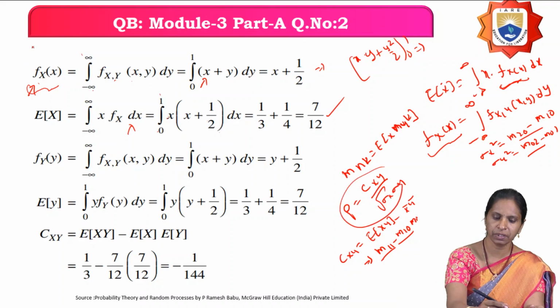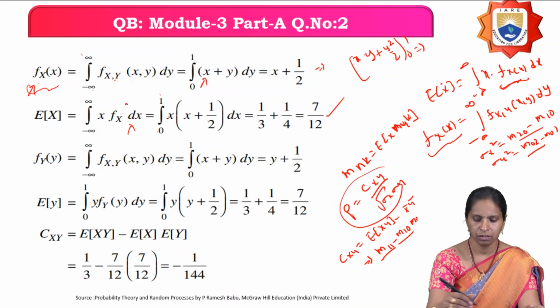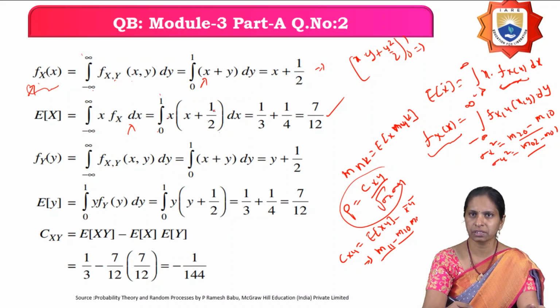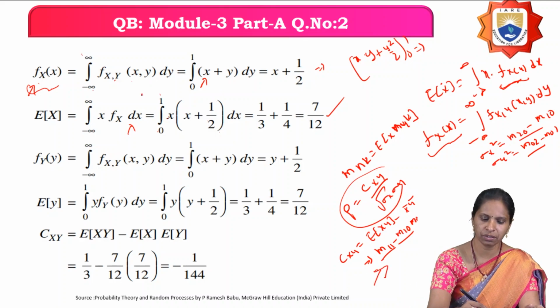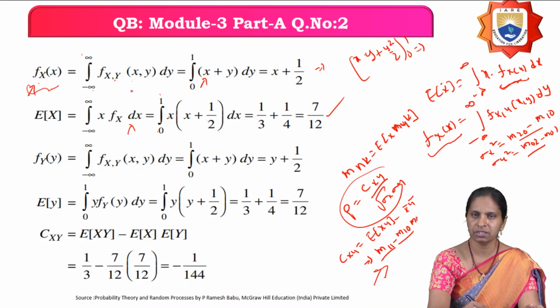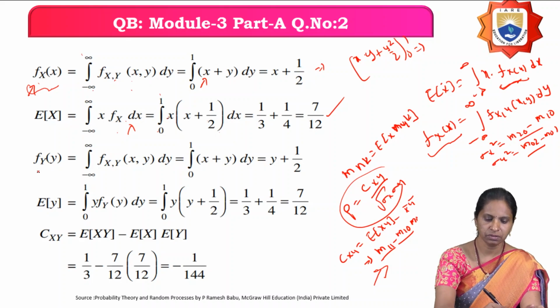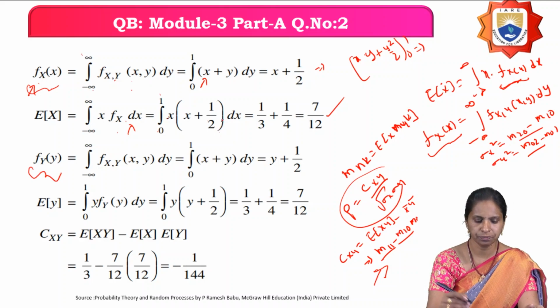This is the other method to calculate the mean of the random variables x and y if the joint density function has been given. You can calculate by computing the joint moments, or you can calculate the means of the random variables x and y through the marginal density functions also. Similarly, you can calculate the marginal density function of the random variable y also.